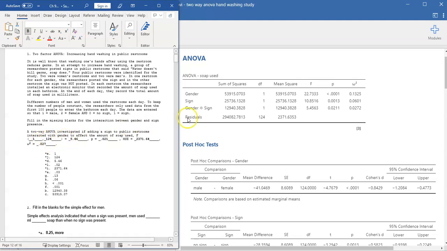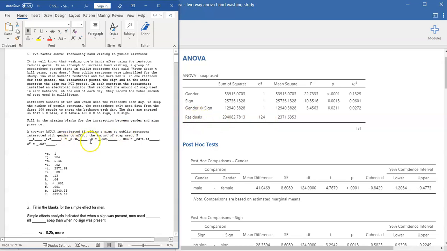In this case, this is the degrees of freedom for the interaction. So the first number is across from the interaction term, the gender by sign. So it's 1. The next number in the parentheses for the degrees of freedom is 124, which is the residuals. That's also called the mean square error, because residuals is another term for error.